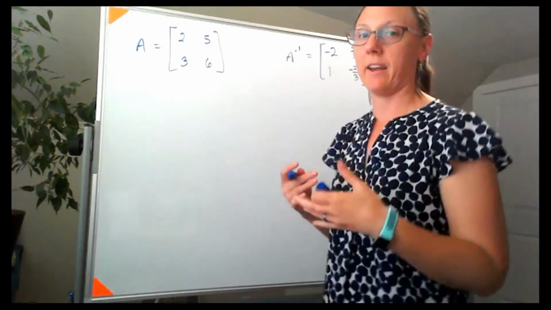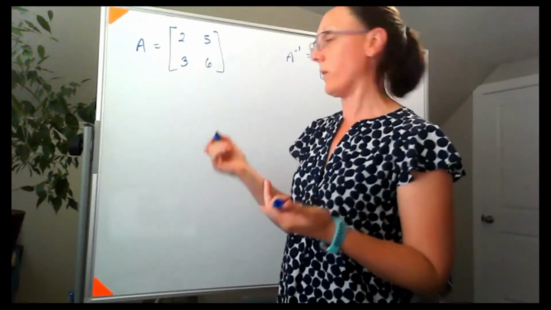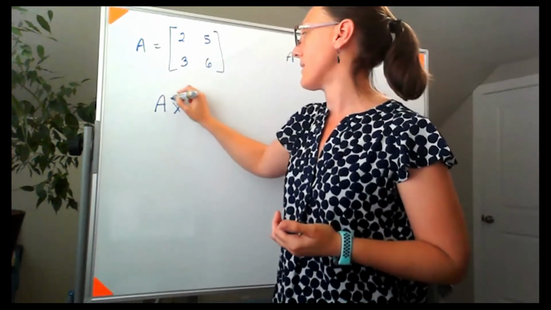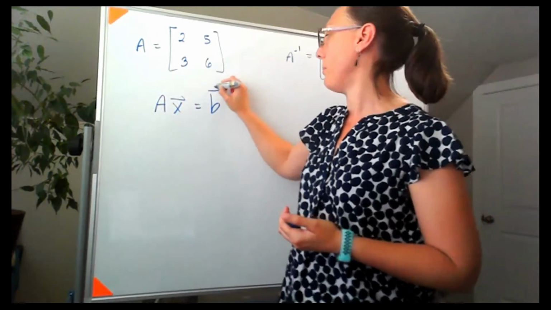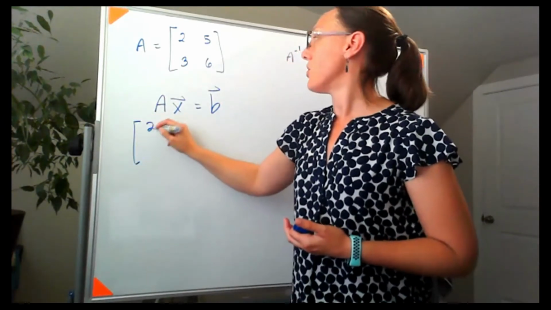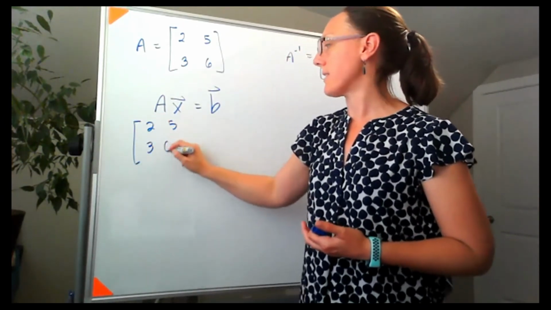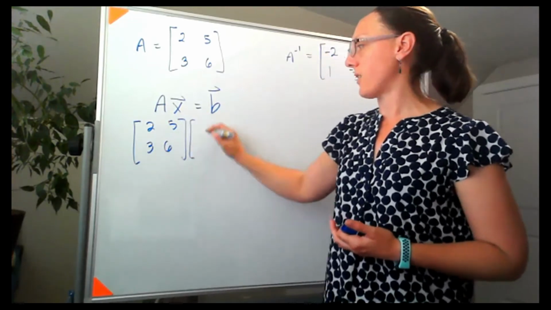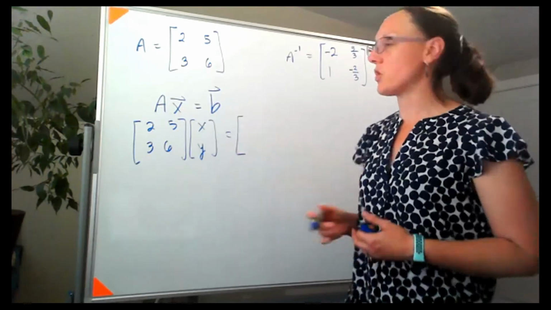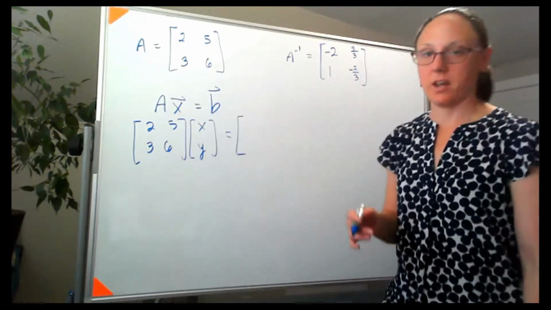Say that I had a matrix equation or a vector equation that looked like A times X is equal to B. And what I mean by that is 2, 5, 3, 6 times the column vector X, Y is equal to some other numbers.